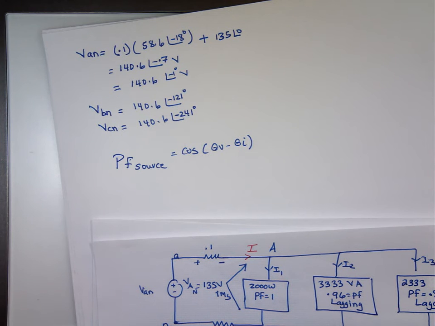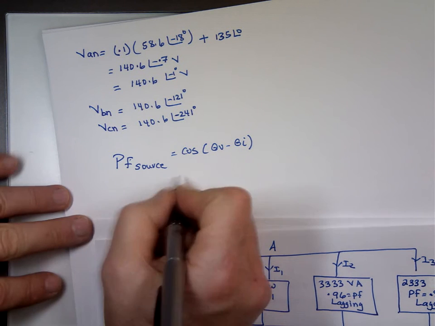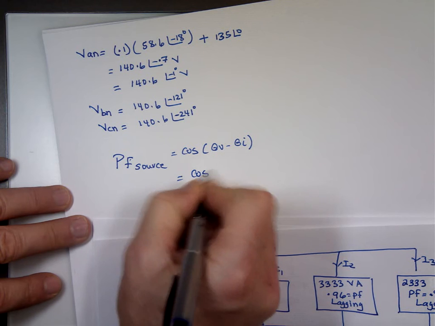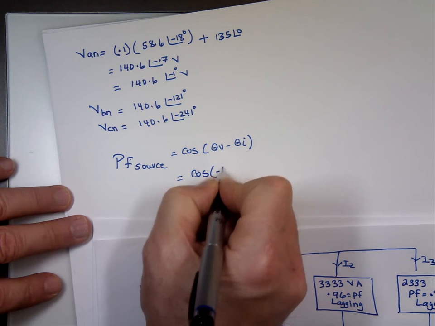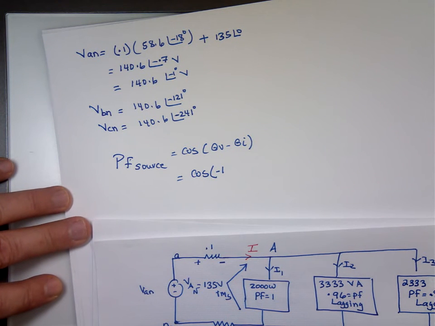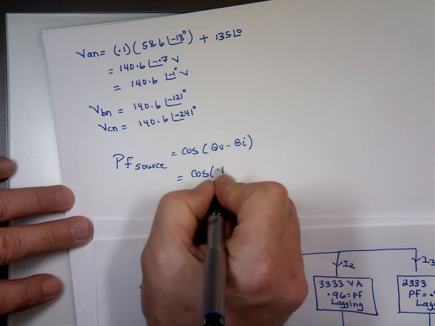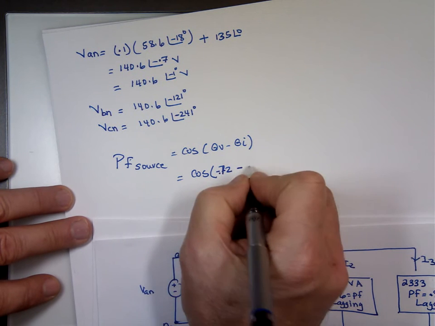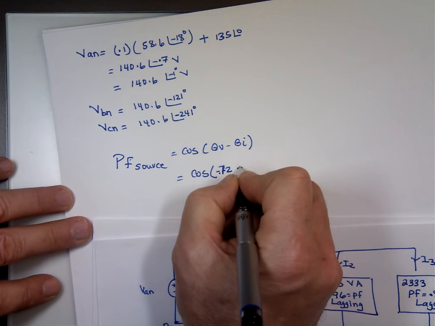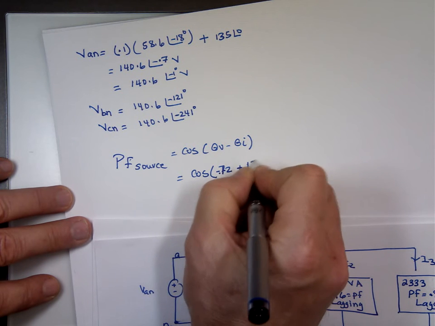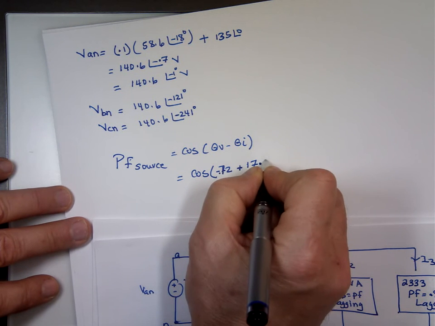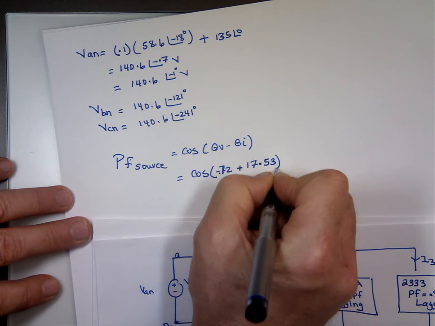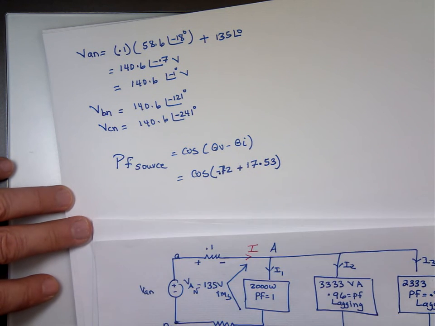We know theta v here is negative 1 degree, exactly negative 0.72, and then the other one's negative 17.5, so it'll be plus 17.5, 5.3. Because I was rounding the numbers, if you carry all the digits, notice it's a positive angle.